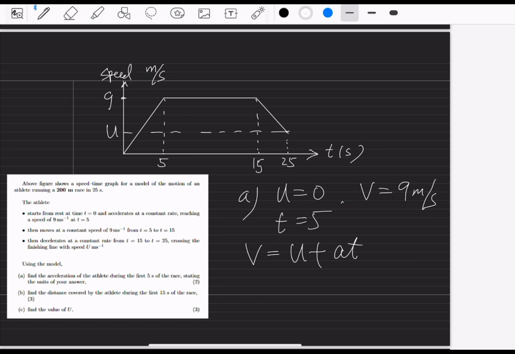Namely, 9 equals 0 plus 5a. Therefore a equals 9 over 5, and in decimal it's 1.8 meters per second squared. Remember, this question asks you to give the correct unit. If you don't write meters per second squared, you won't get that mark.